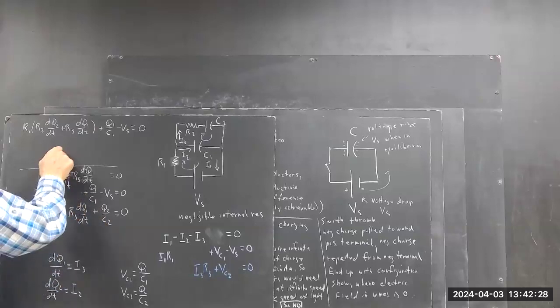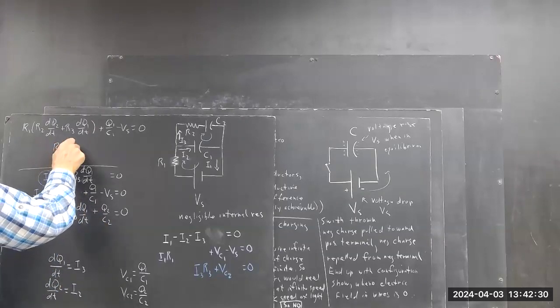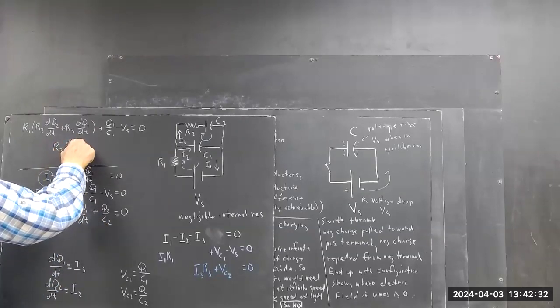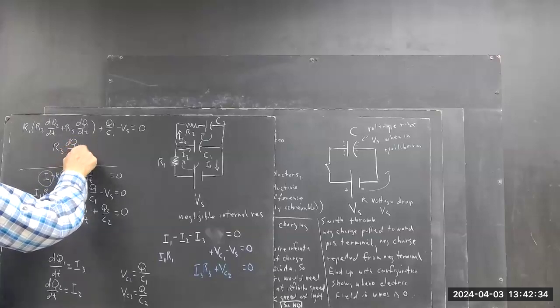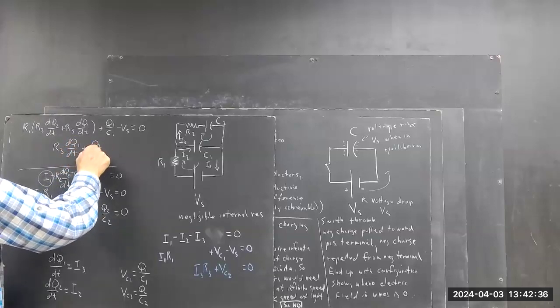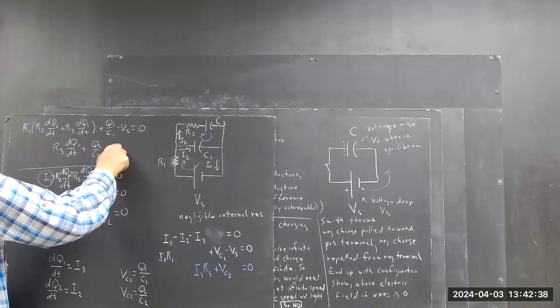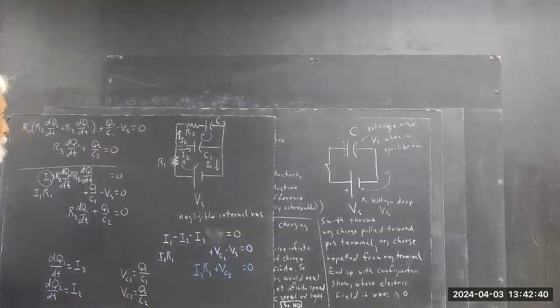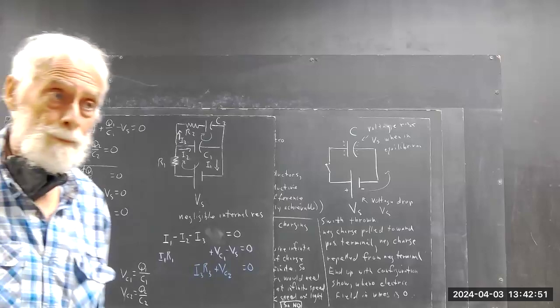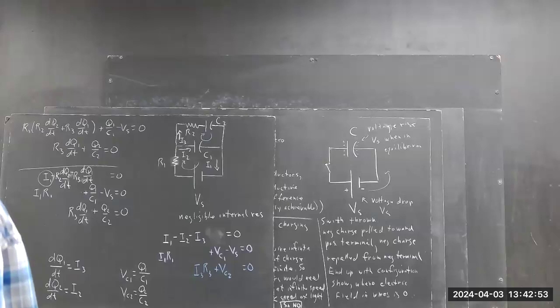And then we have our second equation, R3 dQ1/dt plus Q2 over C2. So this is a linear system of differential equations in Q1 and Q2. Now we're not going to solve it.